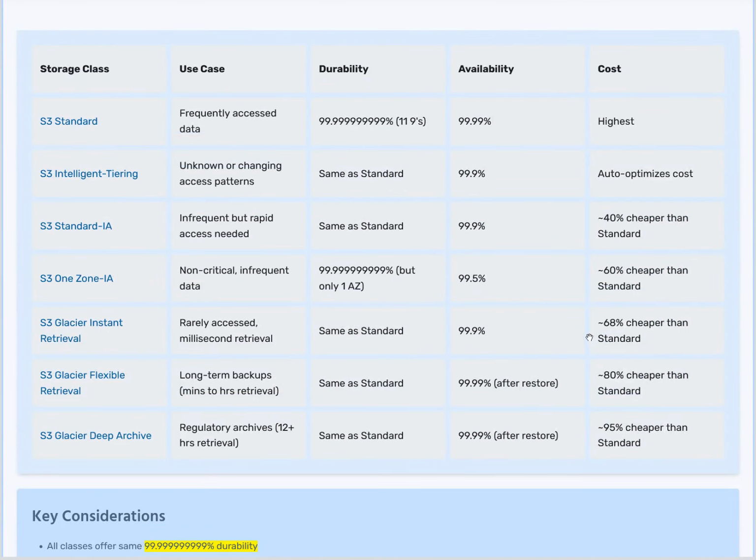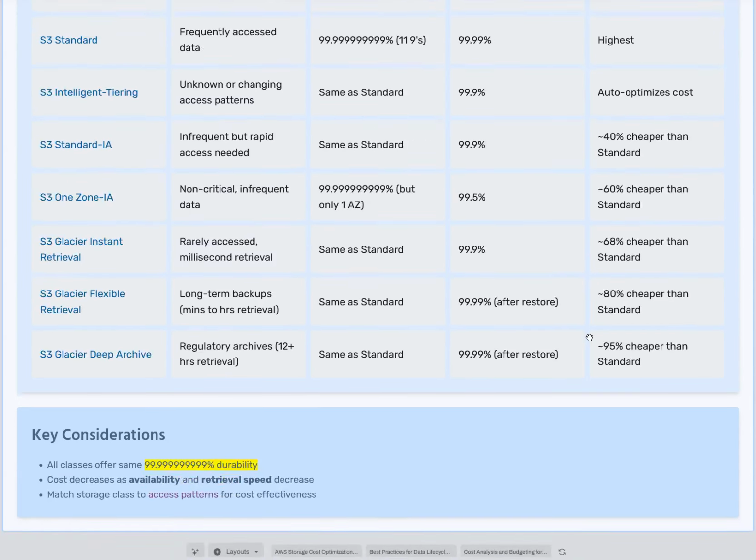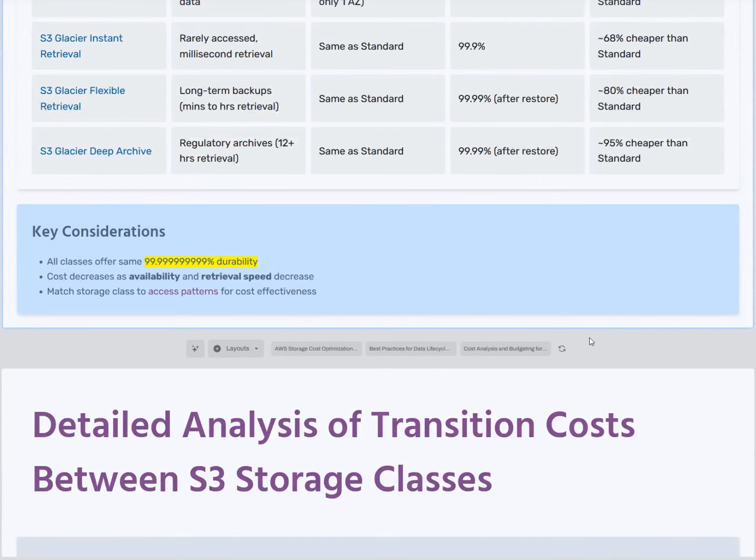Most of them are 99.99. Only Intelligent-Tiering and Standard-IA are 99.9, and One Zone is the lowest availability at 99.5.